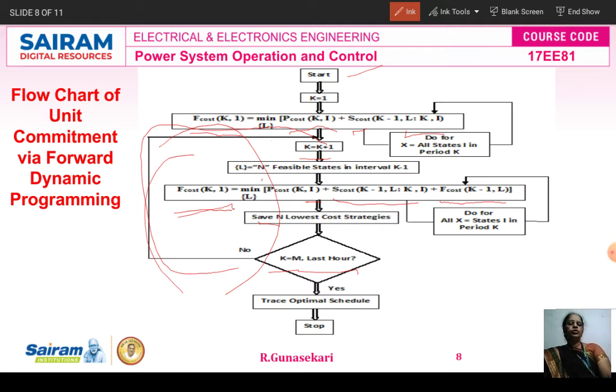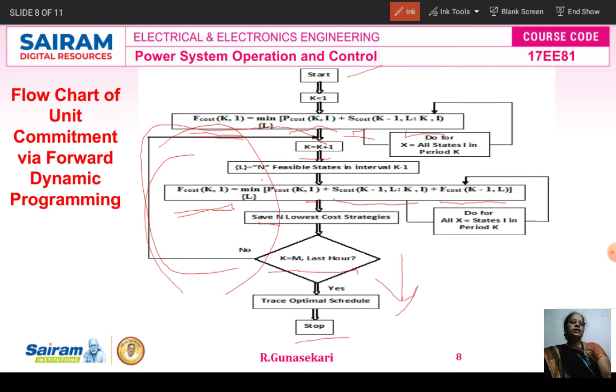If k equals M, it comes to trace the optimal schedule, meaning the minimum cost, economic, everything. So the optimum schedule is saved. Finally, stop the flow chart. In this case f cost k comma I equals minimum over L of p cost k comma I plus s cost k minus 1 comma L colon k comma I.